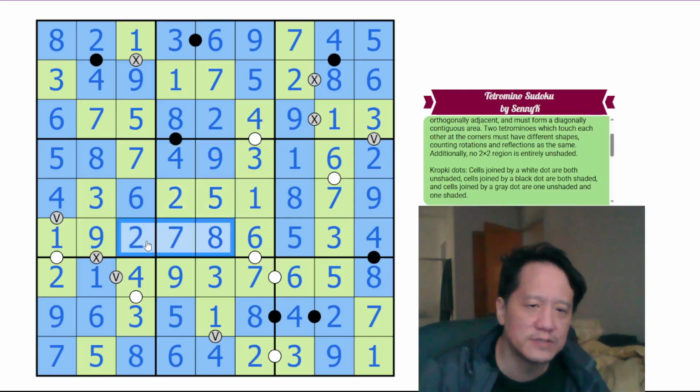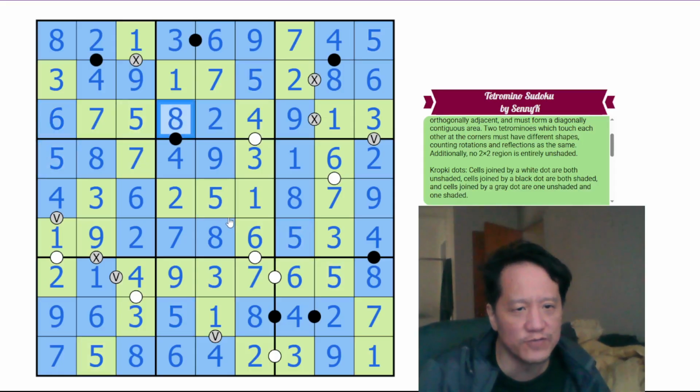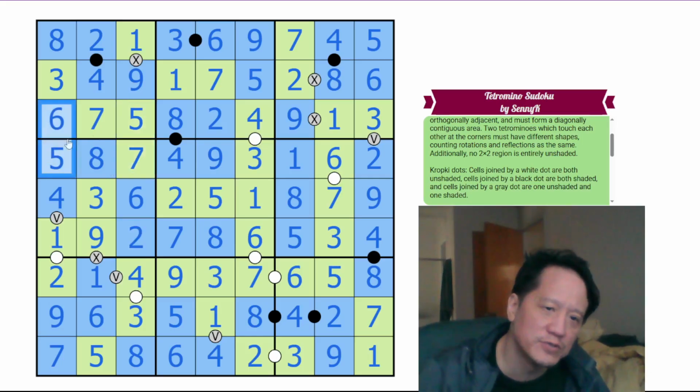Yeah, that was weird. So it was this part that was the problem, right? 8 was fine. I think I got a 5 there, which I don't know how I did. Okay, so it was this part that was the error here.